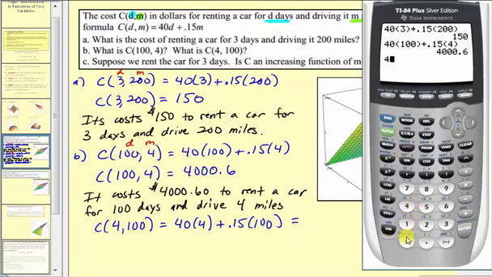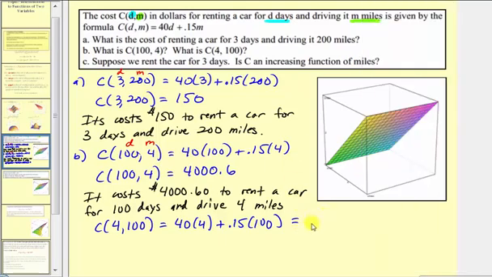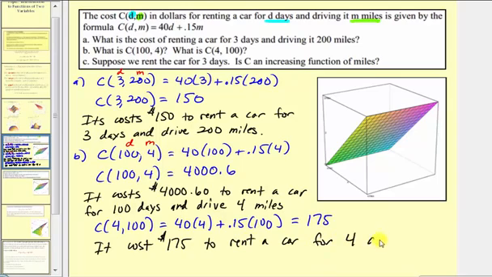So we have 40 times 4 plus 0.15 times 100, which is equal to 175. So this tells us that it costs $175 to rent a car for 4 days and drive 100 miles.